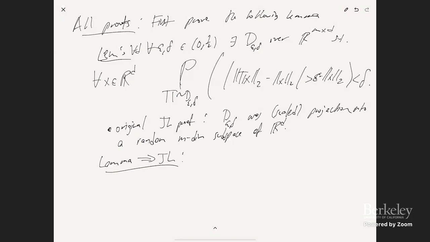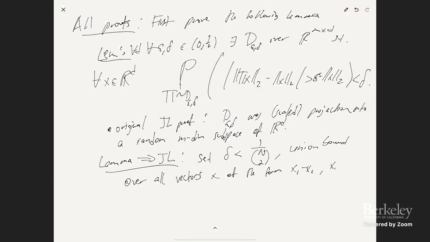You just set delta to be less than 1 over n choose 2, and then union bound over all vectors x of the form xi minus xj, where xi and xj are in this set capital X. Oh, and I should have said here, what is m? m is 1 over epsilon squared times log 1 over delta.